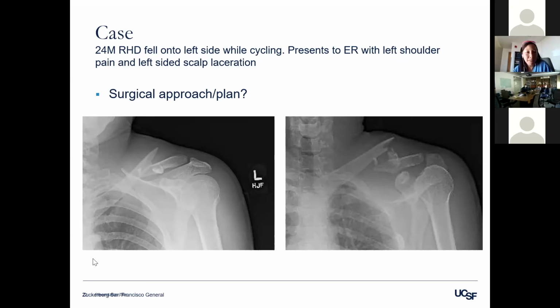So there are essentially two ways. I would treat this with a clavicle plate, and you can plate either anteriorly or superiorly. Lag screws and a neutralization plate would essentially be the goal.